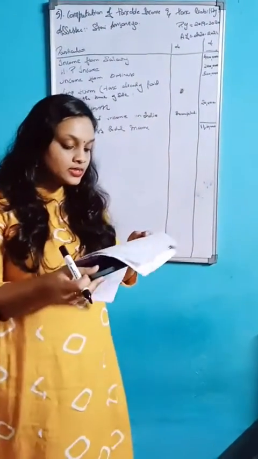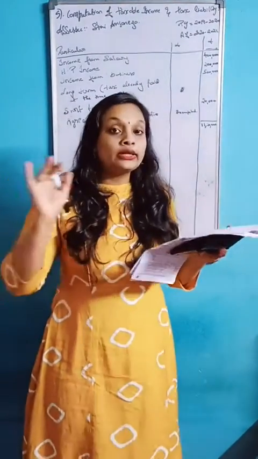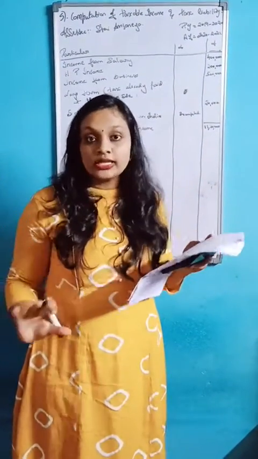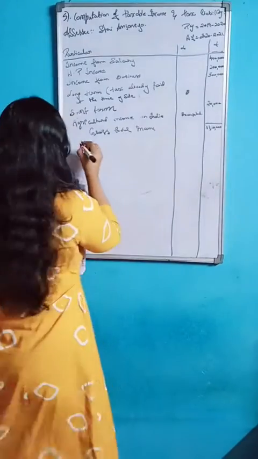Next one is deduction under section 80C to 80U. In the question they did not mention anything. Okay, expenses they did not mention, so you can write here, the format is there, no?